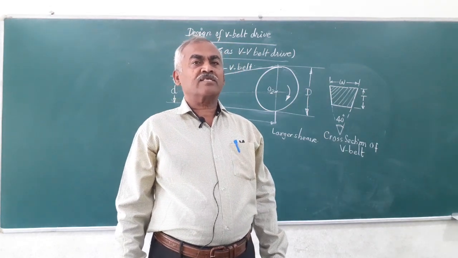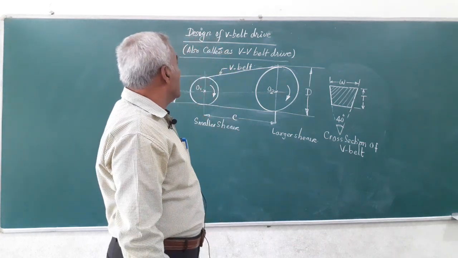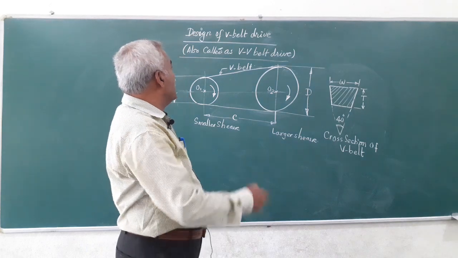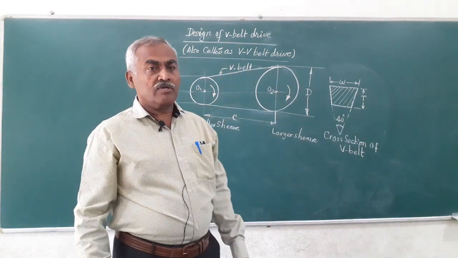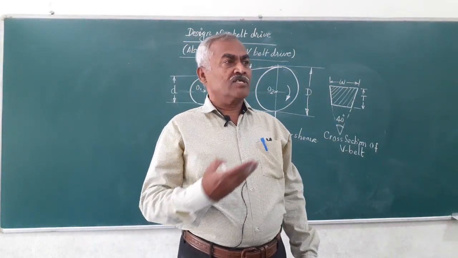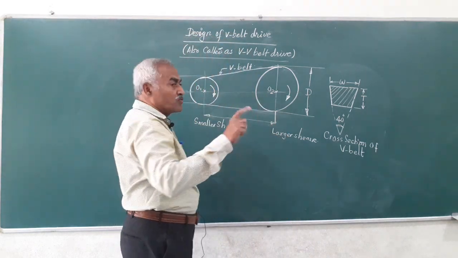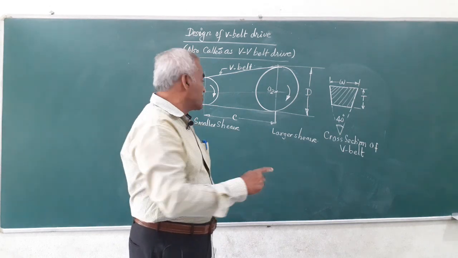Friends, in today's session, we are going to learn about the design procedure followed to design a V-belt drive. As the name indicates, this V-belt drive will have two pulleys, grooved pulleys, and they are called the sheaves.